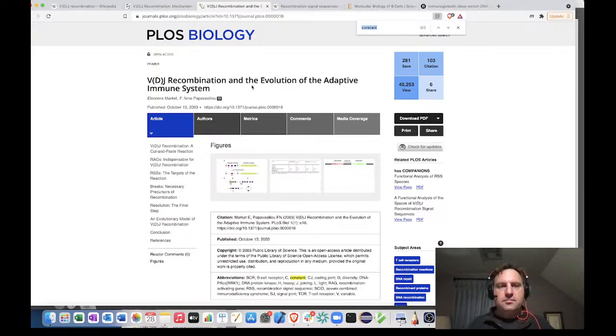And one other thing to note is that as the body changes its response to different antigens, that constant region can be switched in what's known as class switch recombination. So the body has information on how to join these different pieces together into a new gene.